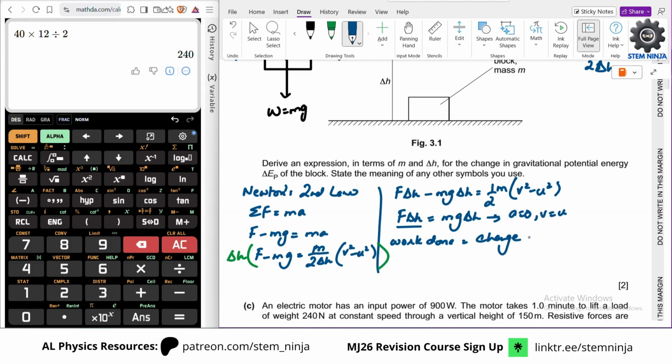So that means the work done is actually the work done against the gravitational potential energy change, and this is resulting in change in potential energy. So work done is the net change in potential energy. Okay, so therefore delta EP is equal to mg delta h.